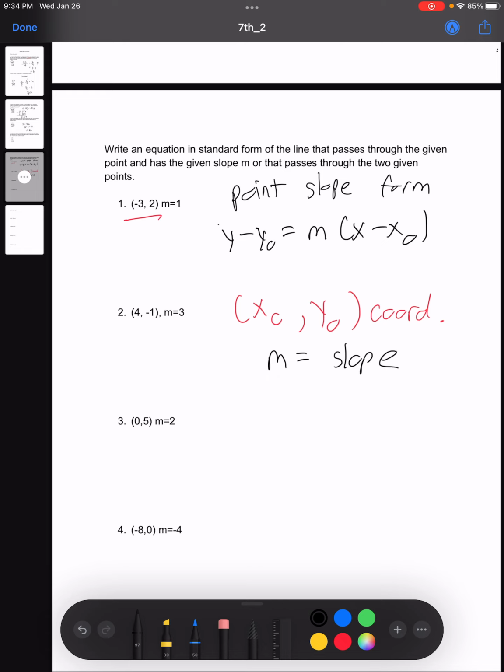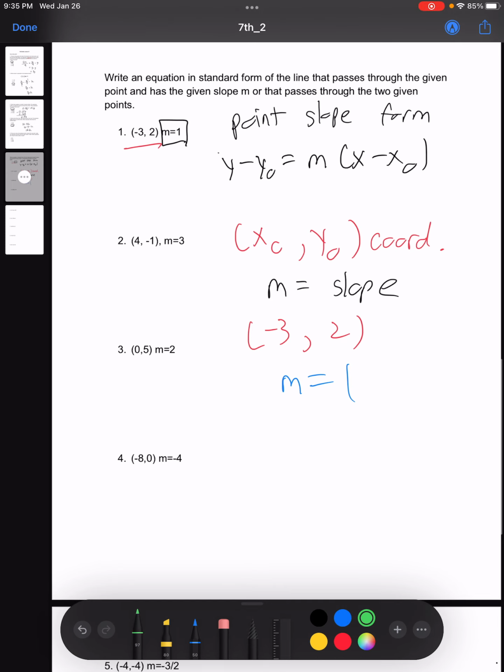So let's try this with number 1. Let's find our x0 and our y0. In this case, it would be -3 and 2. Remember, it's just the x and y coordinate that's given to us. And now for the slope for number 1, we can see that it is just 1. So our m would be 1.